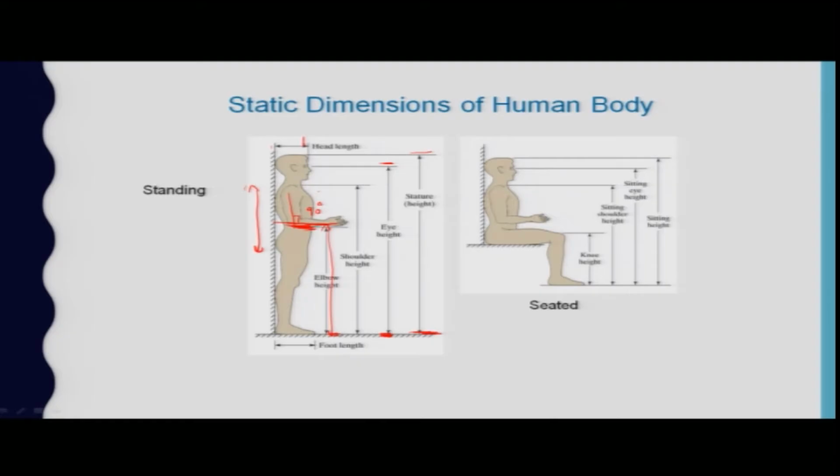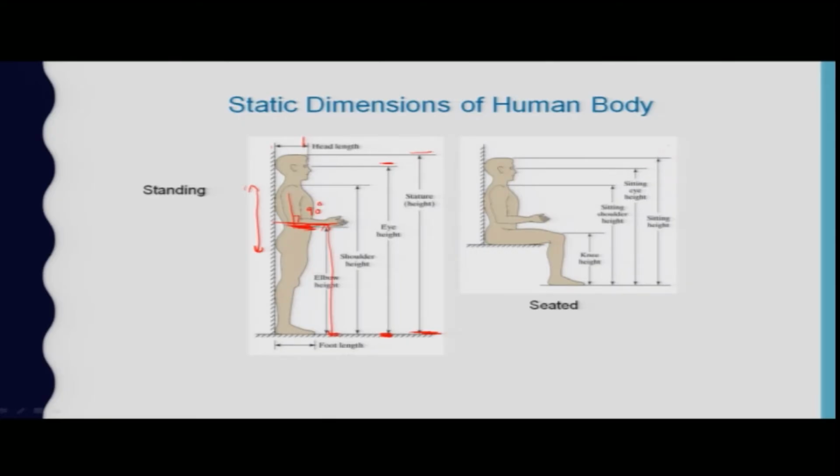In this way the possible anthropometric variable dimensions have been measured, and when you talk about the seating condition, there are various heights involved in predicting several pieces of information, which is helpful in the design of any product, let us say the designing of a chair.